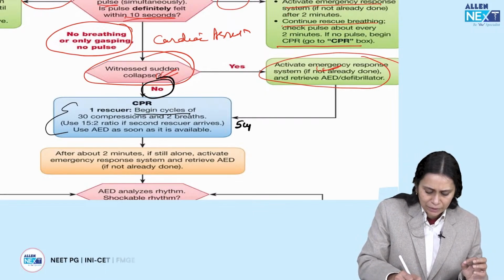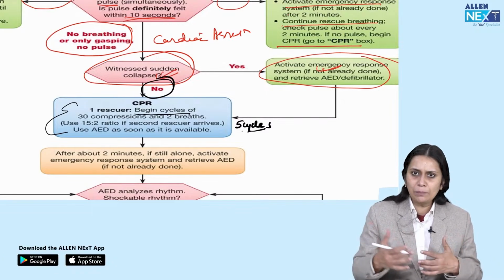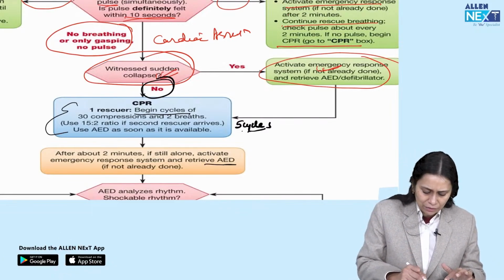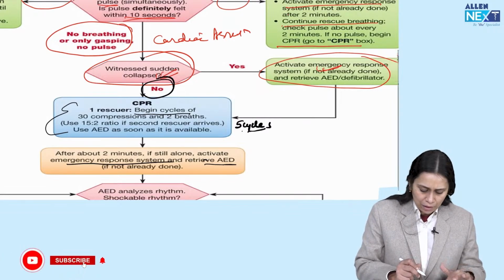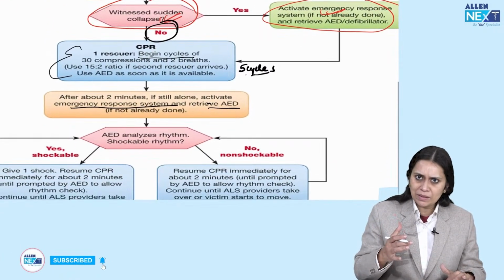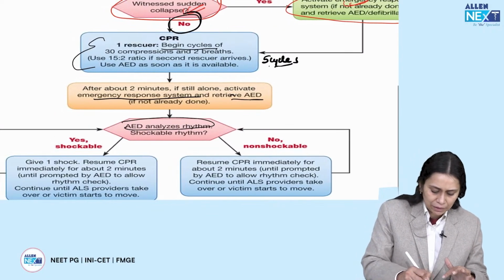We give it for 5 minutes, that is 5 cycles. And if still we are alone, and help has not come, then we go and try to activate the emergency response system.